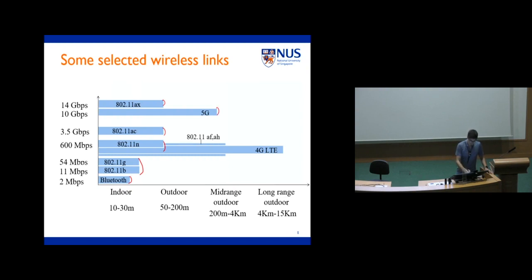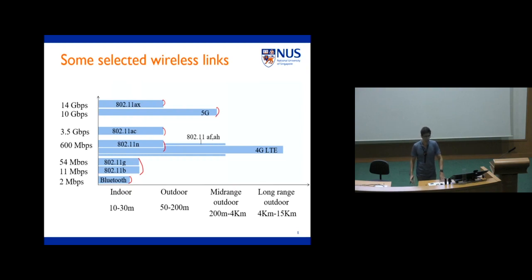Well, for 5G, I think it is not accurate to place 5G here because, as I said, it can support so many use cases. We have 5G applications that can perhaps support 10 gigabits per second, but we also have 5G applications, such as those for massive numbers of machine-type communication devices, that do not need to support those high rates.